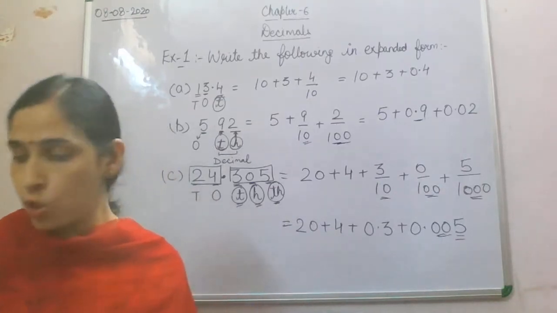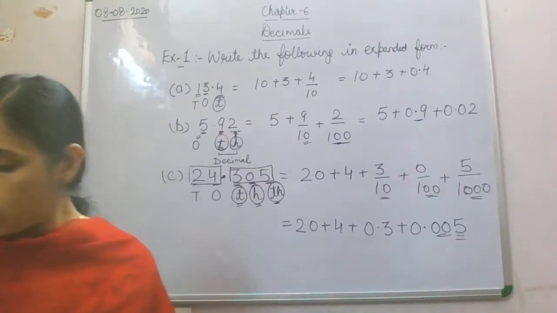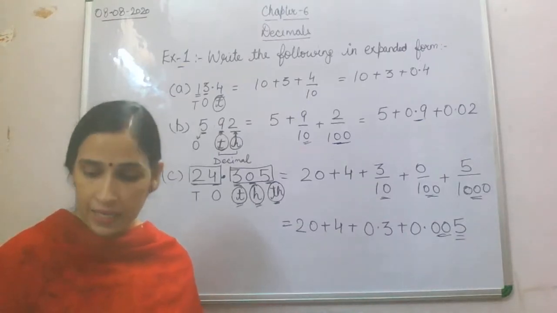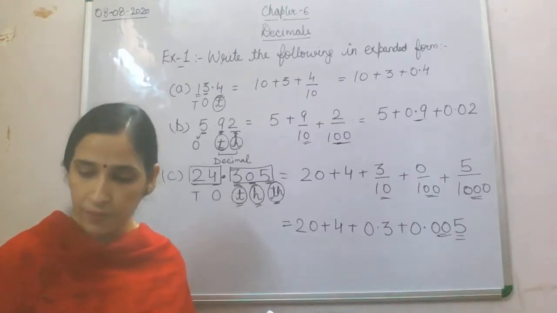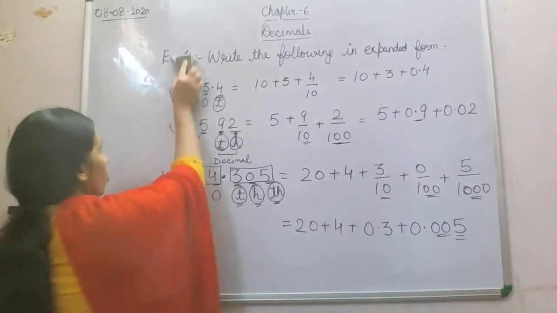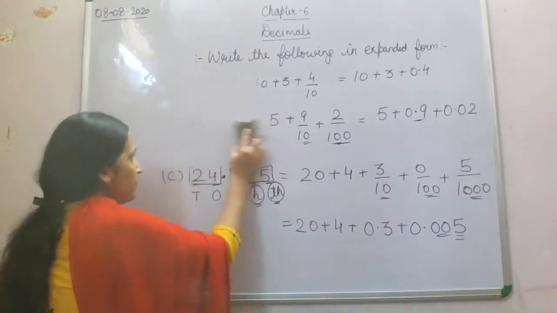So children, in this row only we will take exercise 6.2, question number 1. Let's find out what is the A part, and we will do only this first question today to understand the concept of expanded notation. So let's start.